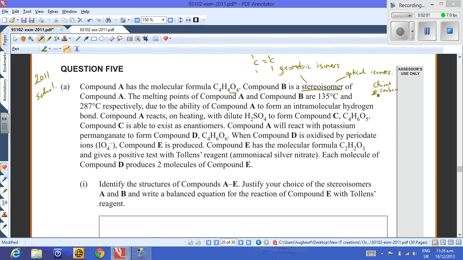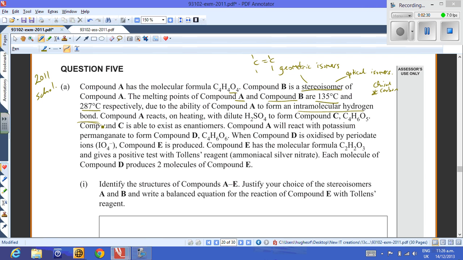Now let's move on. The melting points of compound A and compound B are 135 degrees Celsius and 287 degrees Celsius respectively. So the 135 is for compound A and the 287 is for compound B. So for compound B, the intermolecular bonding between 2 molecules of compound B is better than the intermolecular bonding between 2 molecules of compound A. This is due to the ability of compound A to form intermolecular hydrogen bonds.